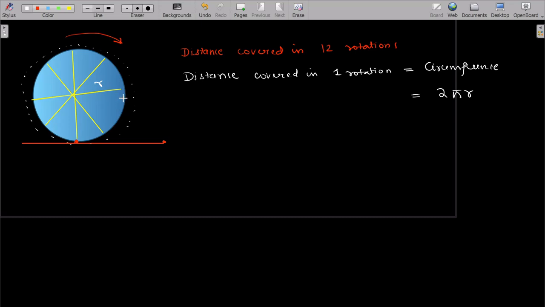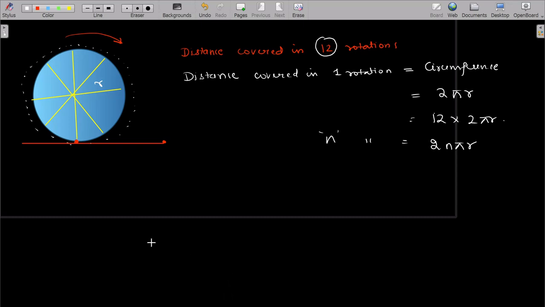Okay, that's the concept. So now if you want to find out the distance covered in 12 rotations, all you need to do is just multiply. So if in one rotation the distance is 2 pi r, the distance in 12 rotations will be 12 times the circumference. Okay, so the distance covered in n rotations will be 2n pi r.